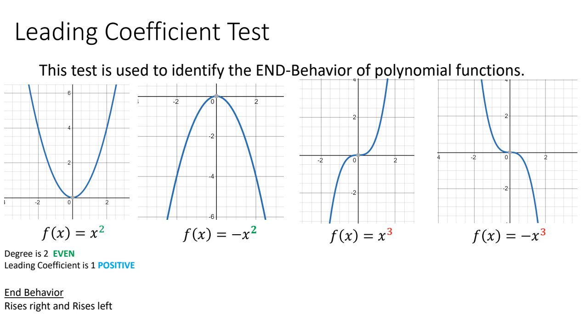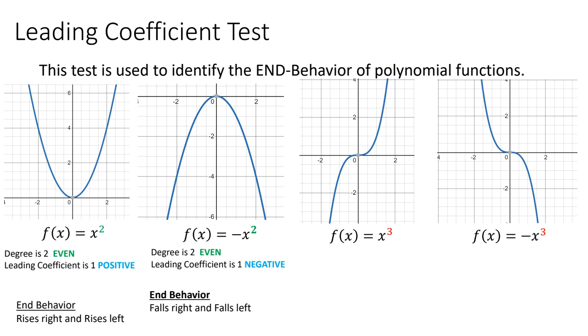This is how you would answer your homework. The end behavior is rises on the right and rises on the left. This is what it means: the endpoints of this graph are pointing forever up on the left and pointing forever up on the right. If the leading coefficient of an even function is negative, then the end behavior is this way: it's going to fall on the left and fall on the right.